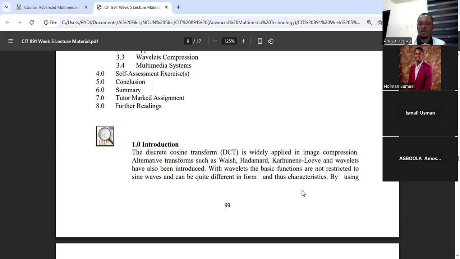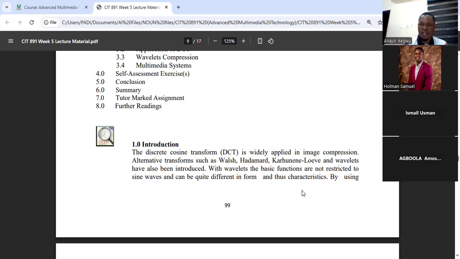Alternatively, you can transform it using Walsh, Hadamard, and wavelet. All these have been introduced in the course of this, where wavelet discusses the features, the functions that are not restricted to sine waves, which is quite different in form.